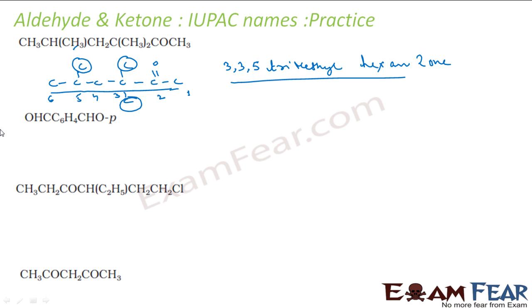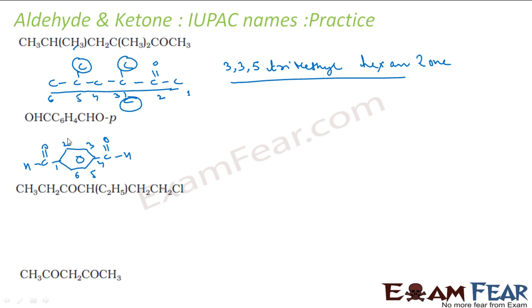Correct. Let's draw the structure. It says that I have C6H4, that is, I have this, and then I have COH, this aldehyde, and at para position, I have CHO once again. This is the condition. So we number it 1, 2, 3, 4, 5, 6. At 1 and 4, I can number starting from this or this.